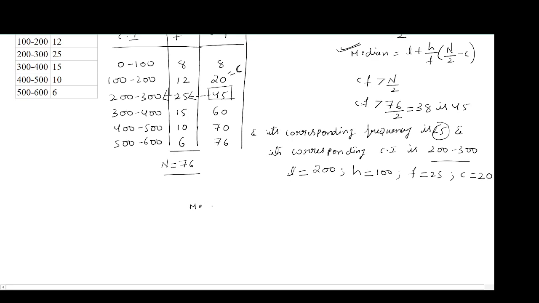So median is equal to L plus H by F into N by 2 minus C. So L is lower limit of the median class, that is 200, plus H is width of the median class, that is 100, divided by F is 25. N by 2, n is 76 divided by 2 minus c value is 20.